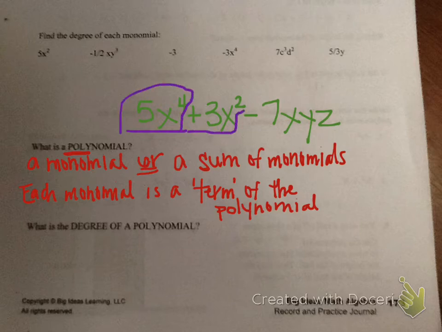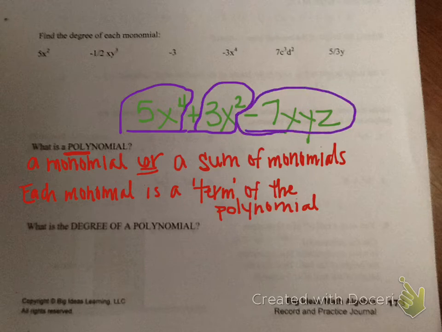The 3x squared is a term. And the negative 7xyz is a term. Notice I include the negative with the 7. So monomials are just sums. So if there's a minus sign, that means that thing is actually negative. So this polynomial has 3 terms.